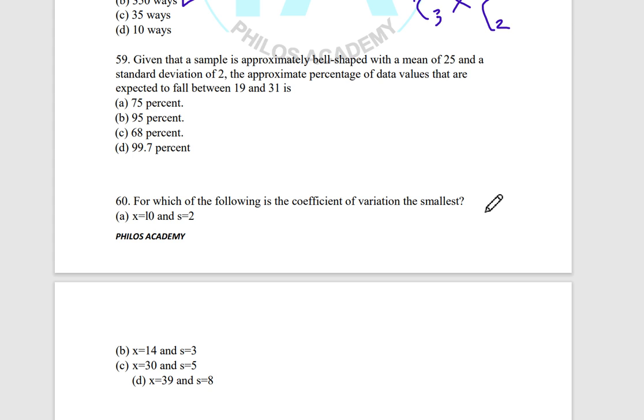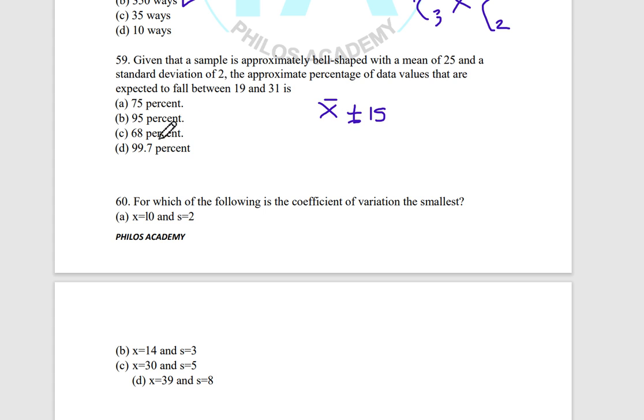Now, there's a rule: the mean plus or minus one standard deviation.